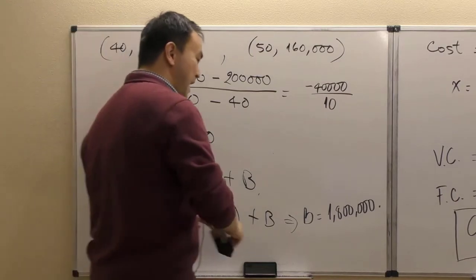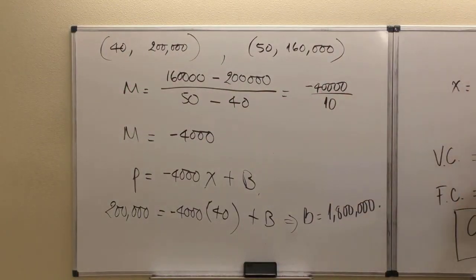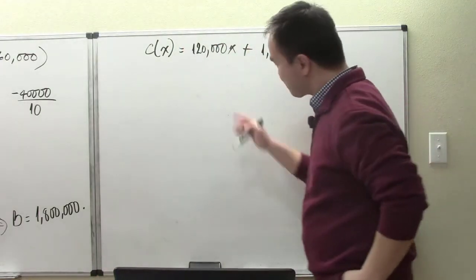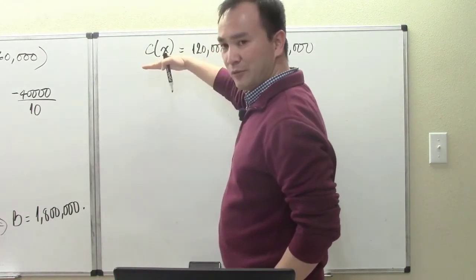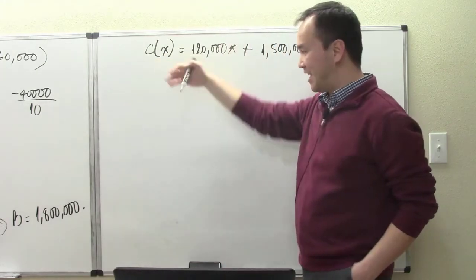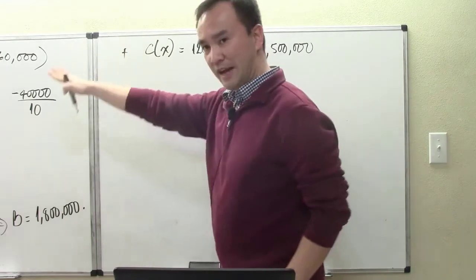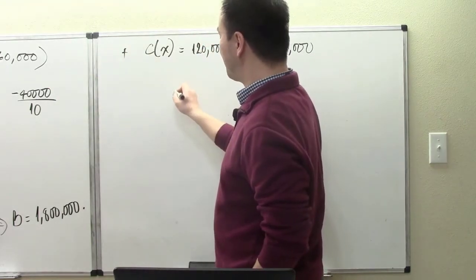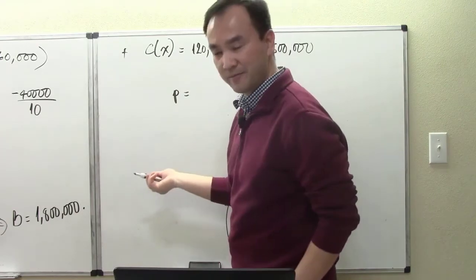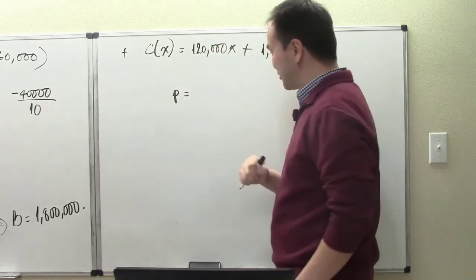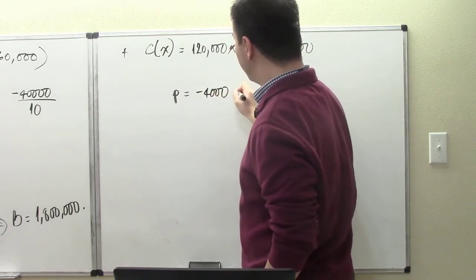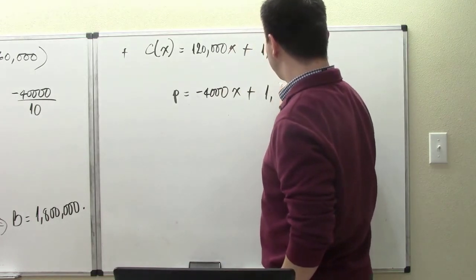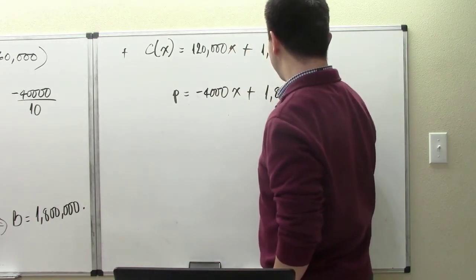Let me swing back to my first board right there. Now I can recall that we already found the cost function. And we further found, before selling our houses, that our price can be determined by the following relationship with the quantity, the number of houses that we're selling: minus 4,000 x plus 1.8 million.